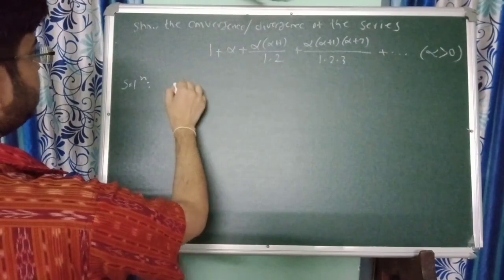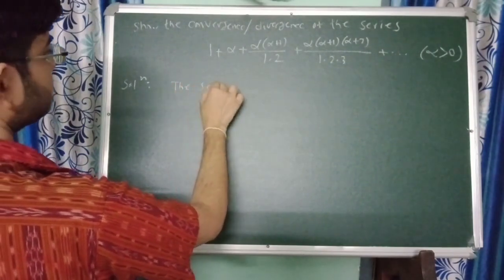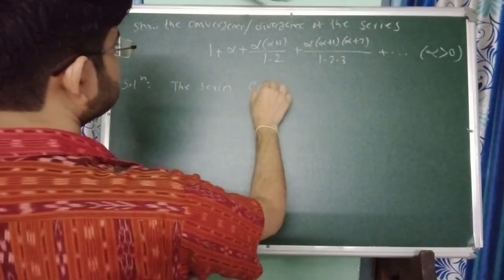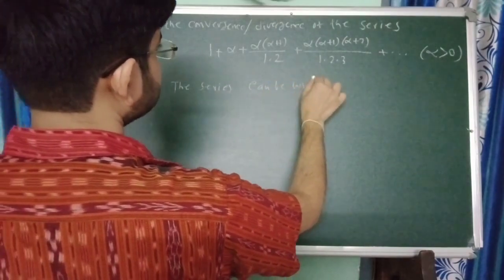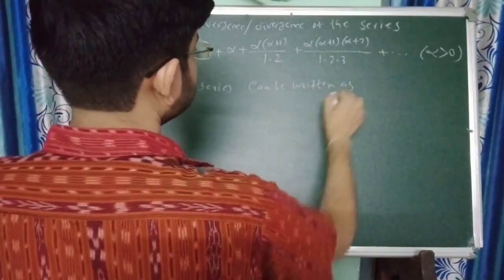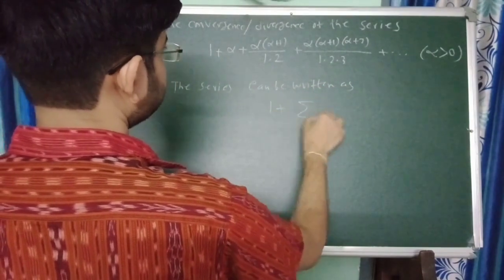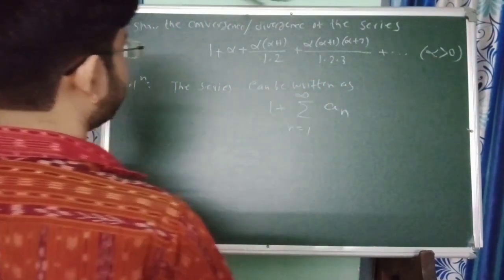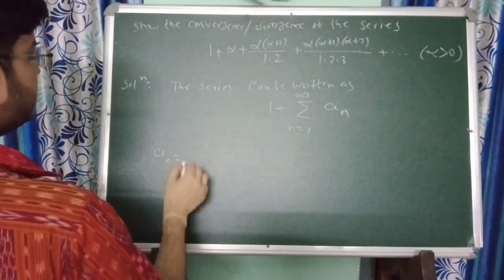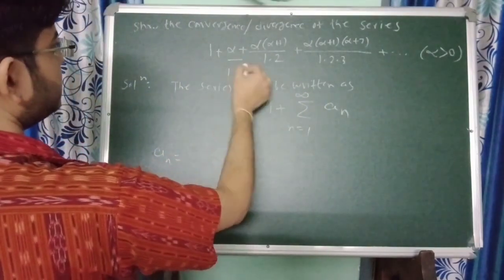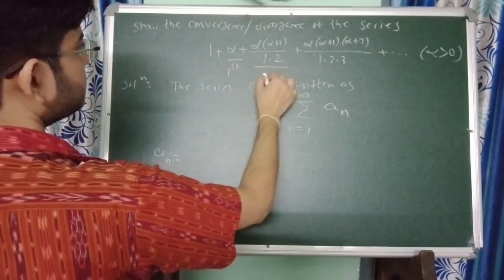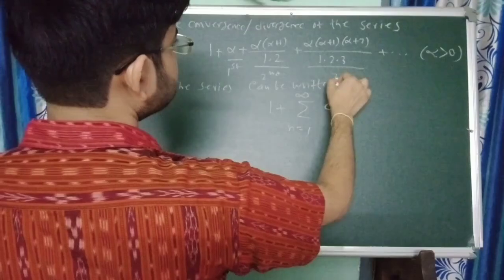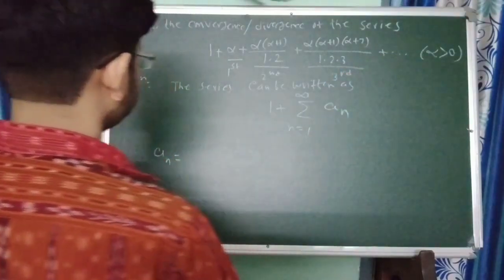The series can be written as one plus summation a_n starting from 1 to infinity, where a_n equals, say this is the first term, this is the second term, this is the third term, and so on.